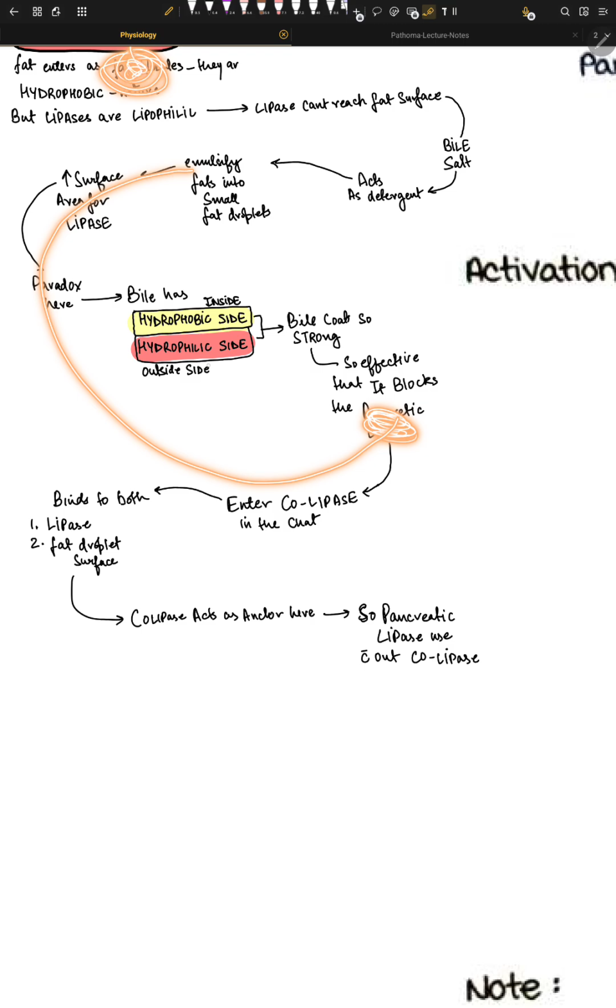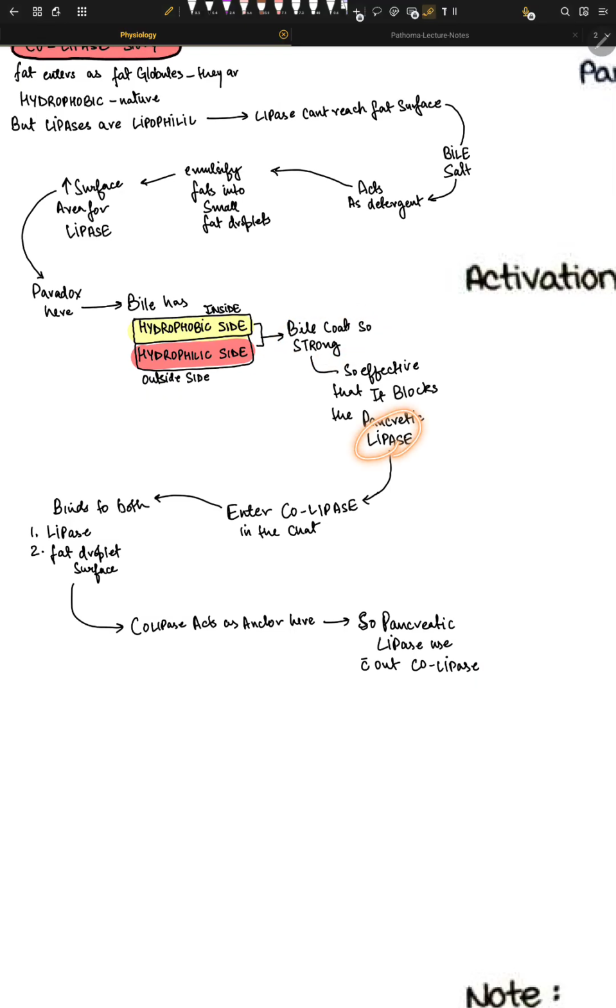Bile coats so strongly that lipase cannot bind with these fat globules. So what happens here? Colipase comes, enter colipase in the chat. Colipase comes and binds to both lipase and the fat droplet surface.